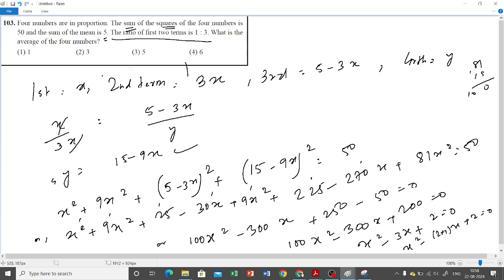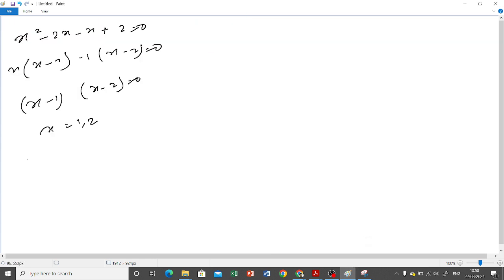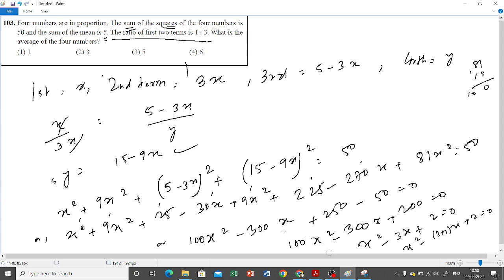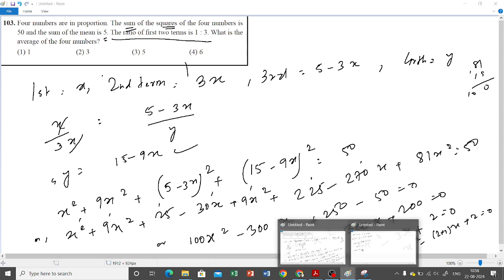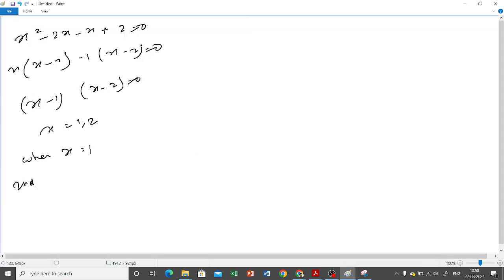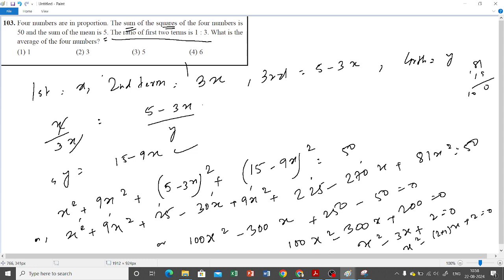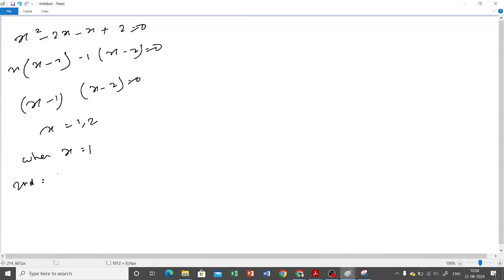What I need to find out is the average of the four numbers. So I have got the numbers. When x equals 1, the first number is x, right? The second term is 3x, which is 3. The third term, 5 minus 3x, is going to be 2.